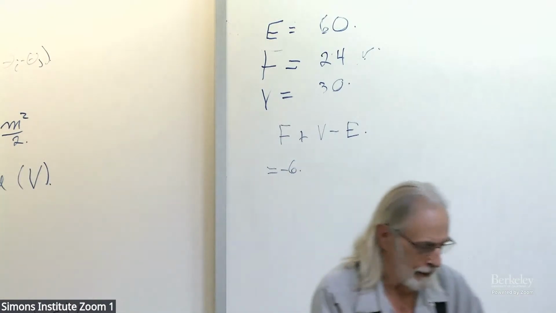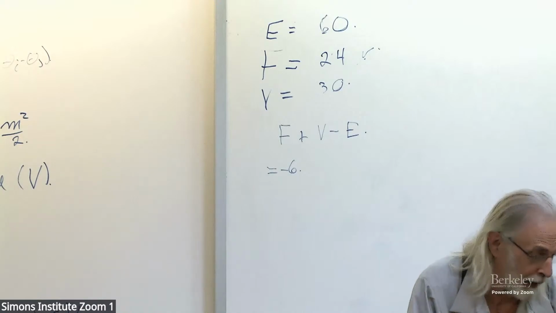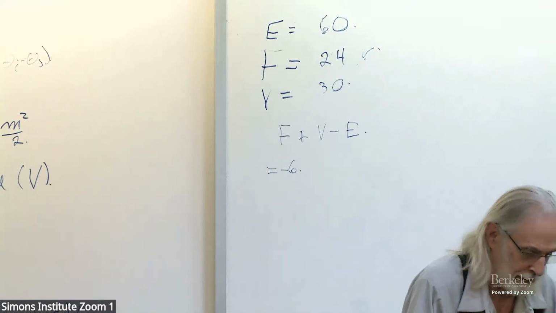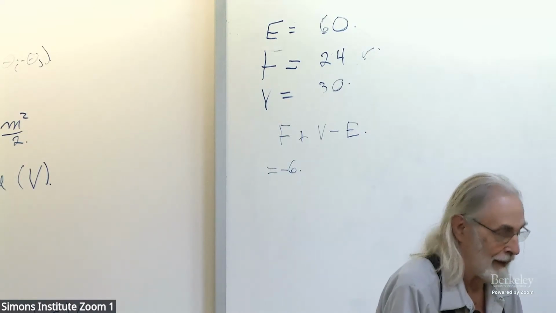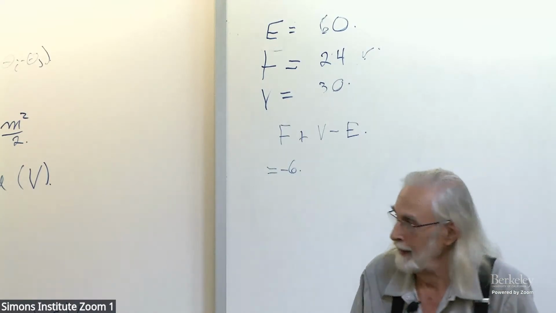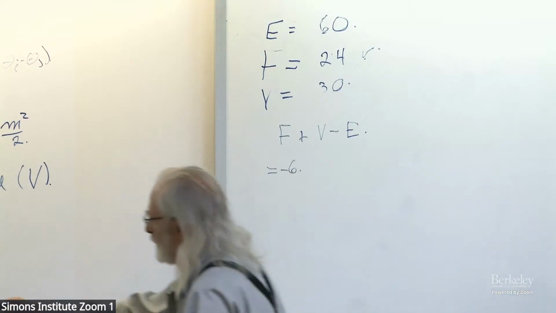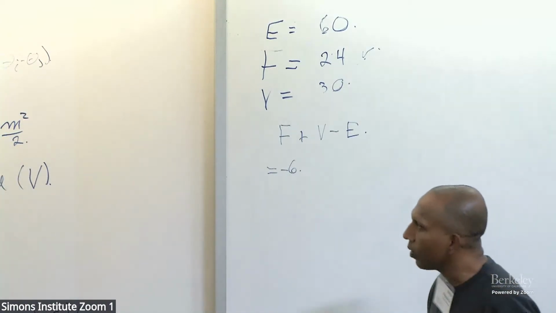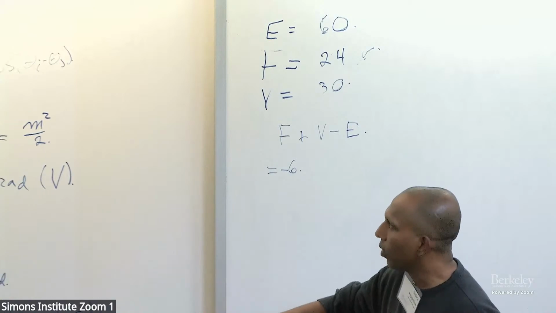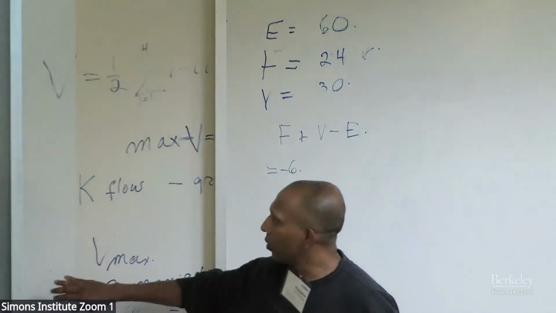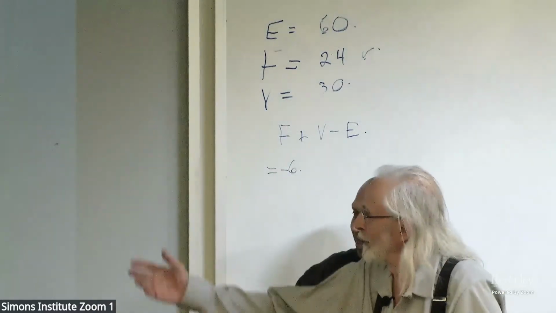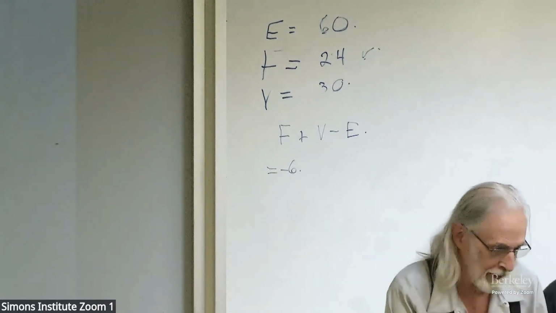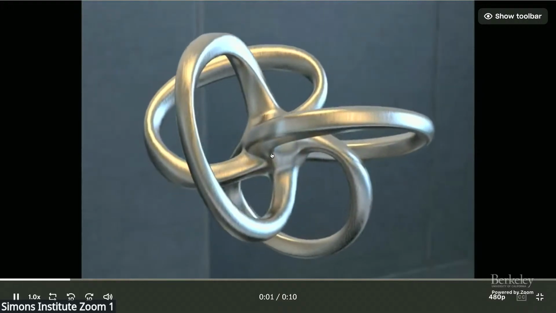But this says what the topology of the Vmax is. And here is a picture of it. This was made by my son, who's a graphic artist. It's good to have a son like that. Anyway, you see the four handles. You can spin it if you wanted to.